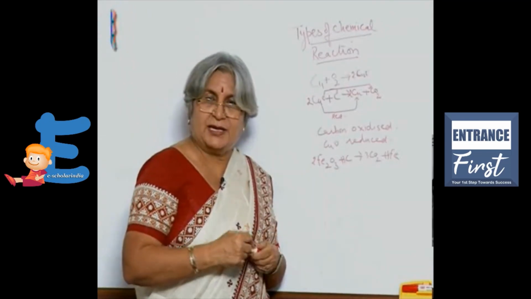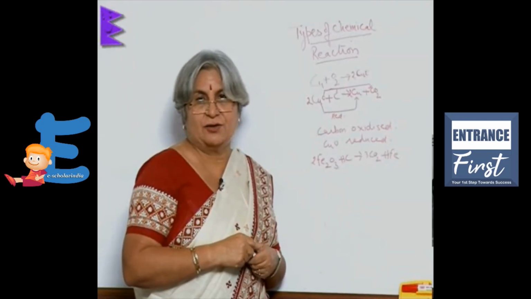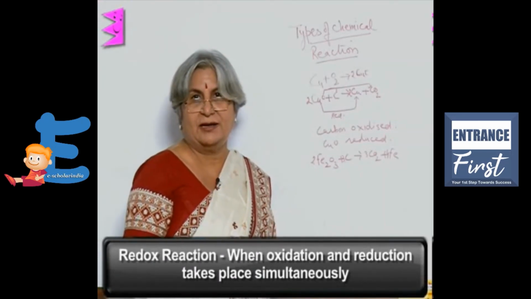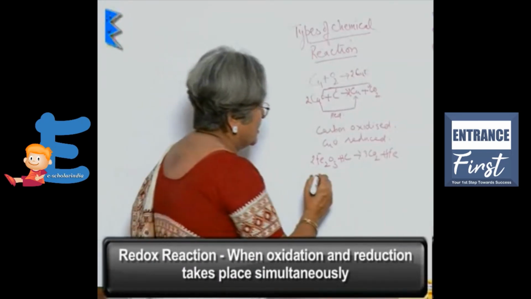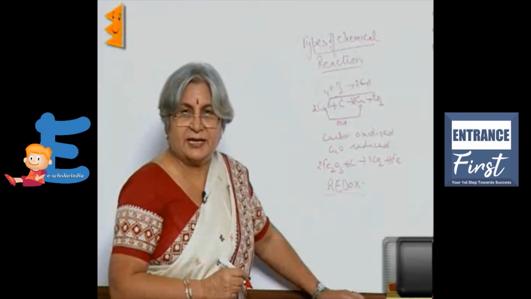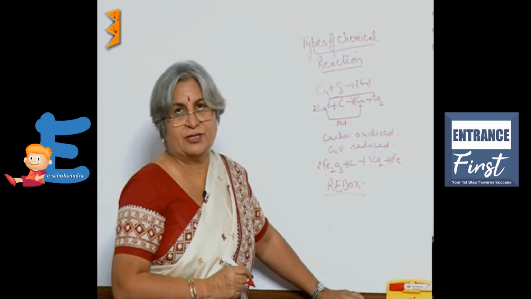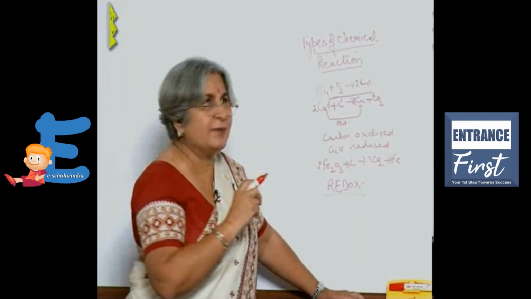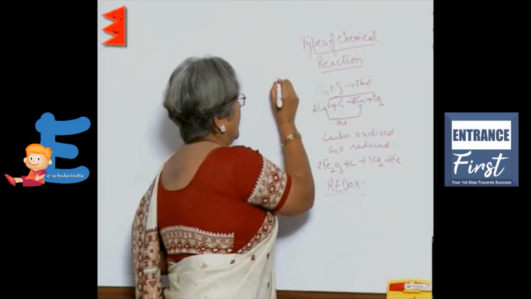So actually speaking, oxidation and reduction go hand in hand. And when oxidation and reduction go hand in hand, the reaction is called redox. They happen simultaneously. So the fifth type of reaction is the redox reaction.